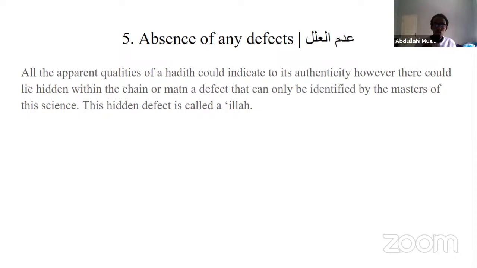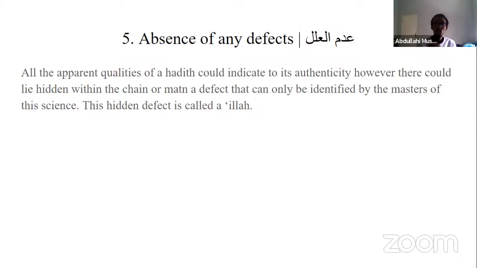Only those scholars who have exposed themselves to tens of thousands and even hundreds of thousands of ahadith can tell whether a particular narration, whether in the chain or in the matan, has a defect in it. It's like they've seen so many ahadith and they've become so accustomed to the way Rasulullah sallallahu alaihi wasallam speaks and to the way the chains of narrations have been constructed that they can tell that no, there's something wrong here.